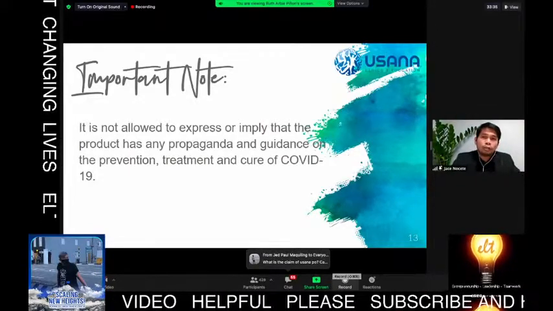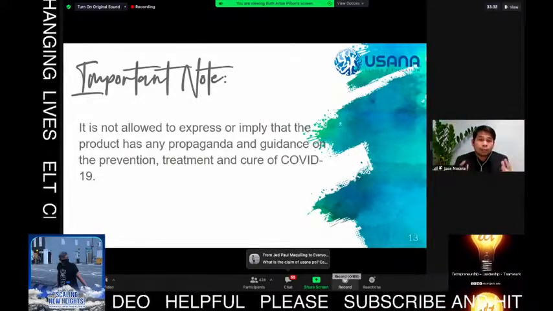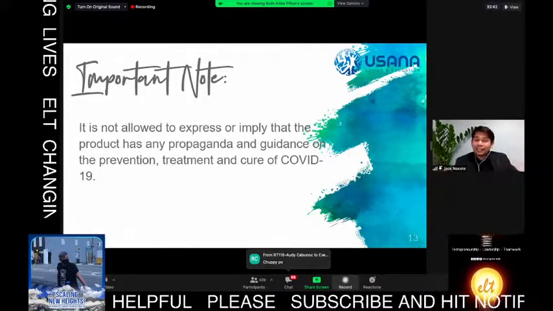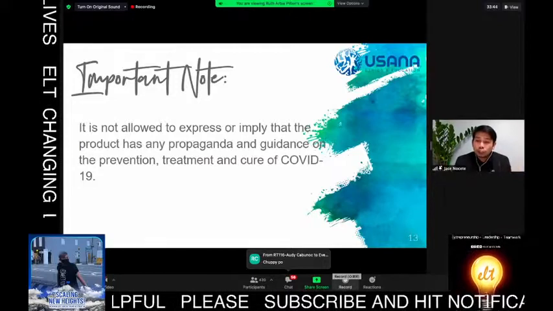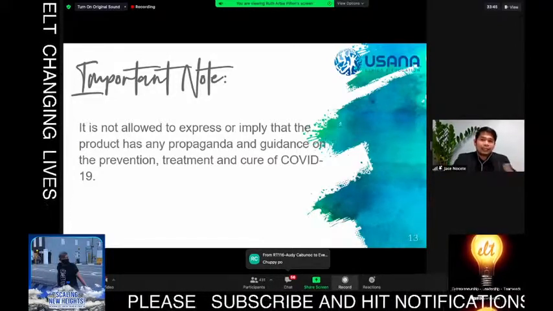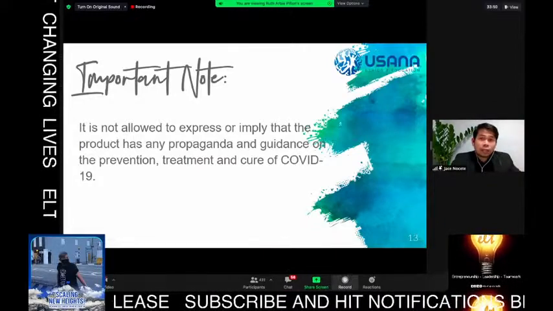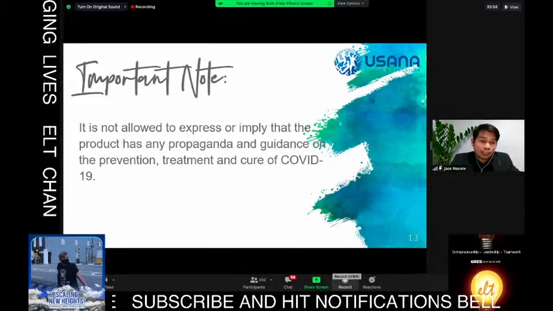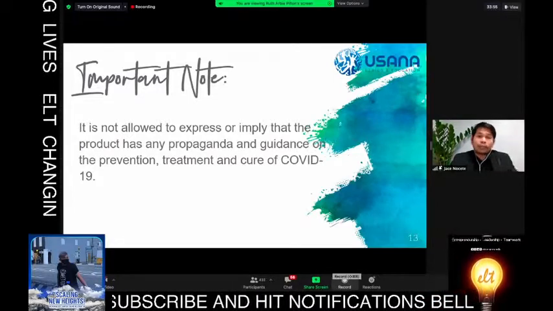Ayan. So you don't use any of the products here in USANA and have a propaganda and guidance towards the prevention, treatment, and cure of COVID-19. Ayan. So that is regarding our important notes sa ating product claims.